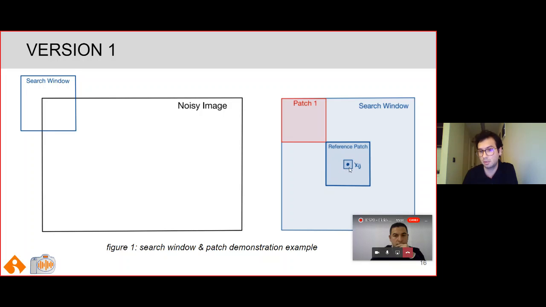We have a reference pixel at the center of the search window and the reference patch here. The search window size depends on the patch size. Let's assume we have a patch size of 5 by 5, then the search window size should be 15 by 15, three times the patch size.